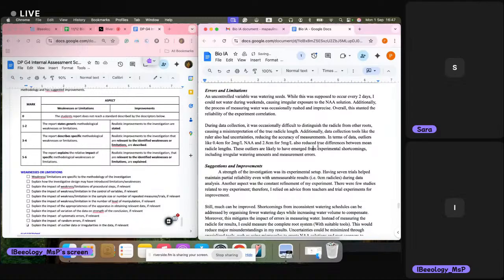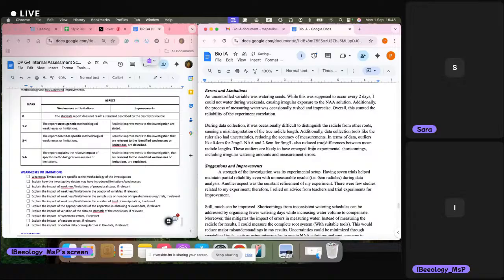During the collection, it's difficult to distinguish the radical because you limited the days: instead of 15 in the protocol, your procedure is only 10. What else? Additionally, data collection tools like the ruler have uncertainties, reducing the accuracy of measurements.